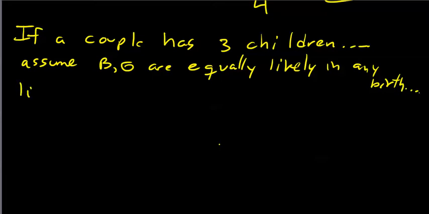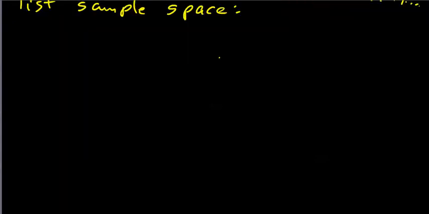List the sample space. Now, we could draw a tree diagram here, but it gets a little cumbersome, especially when you get to 4 children, 5 children, whatever. What I'm going to do is start out my sample space with 3 boys. Boy, boy, boy is a possibility for having 3 children.